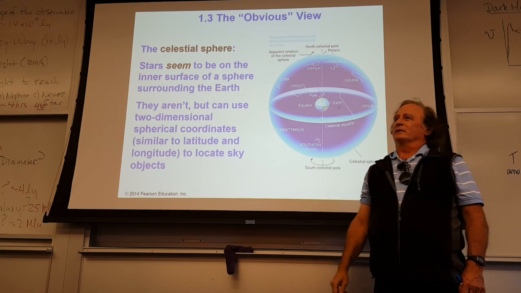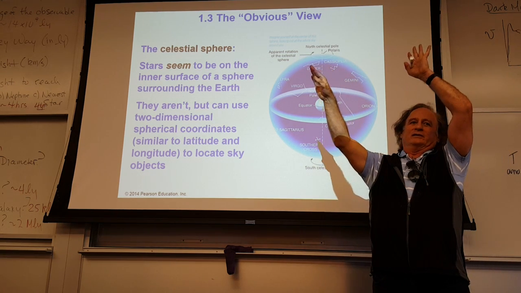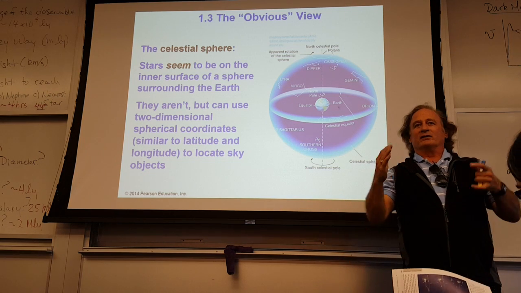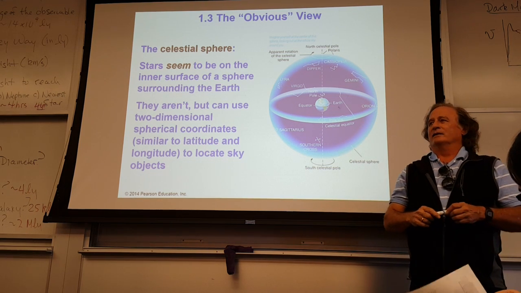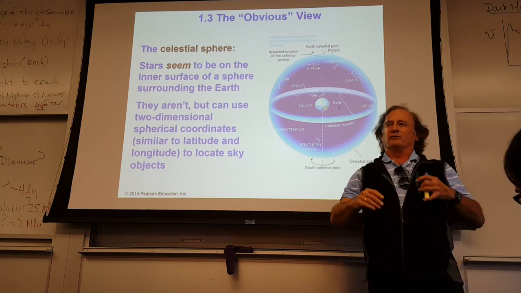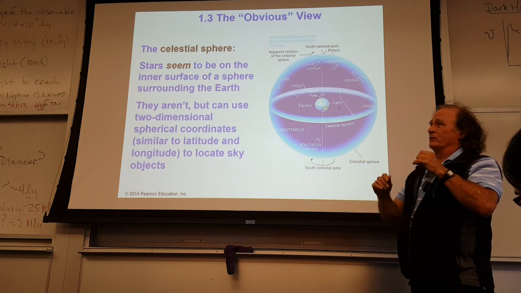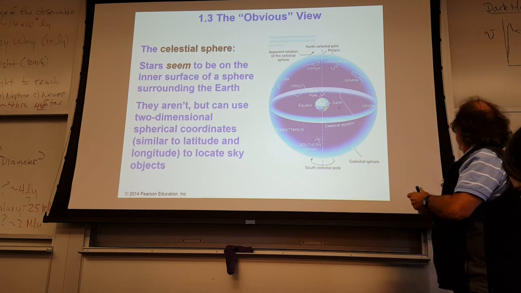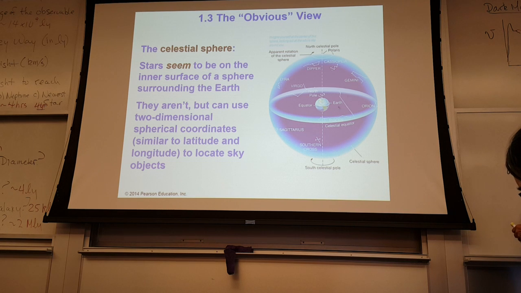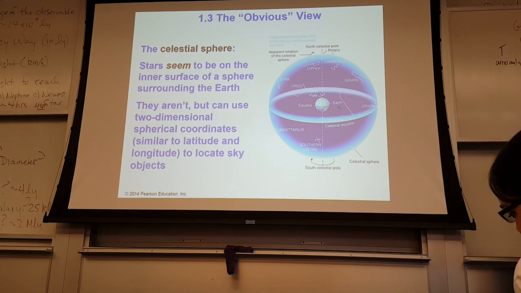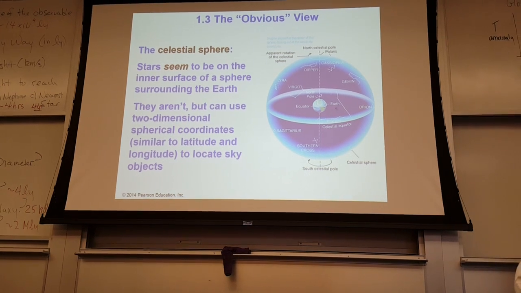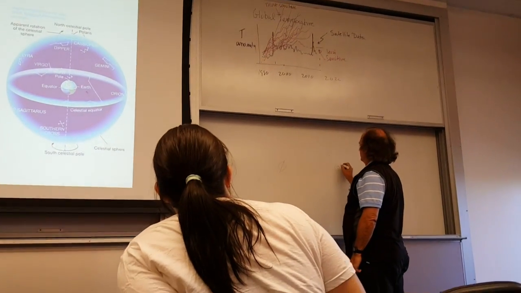Now, the ecliptic has an angle relative to that because of the tilt of the Earth. That is, the axis is off, and so therefore, let's see, how should I put it? Here's the Earth and here's the sun.